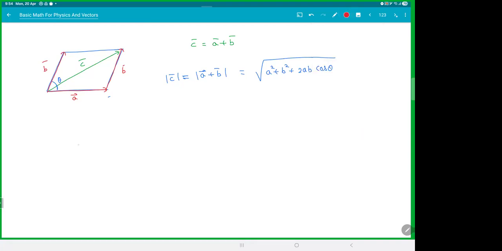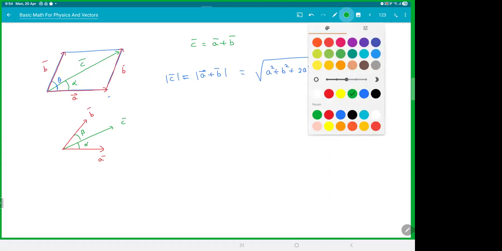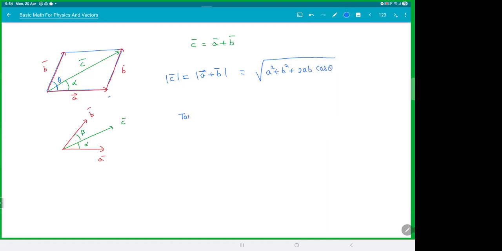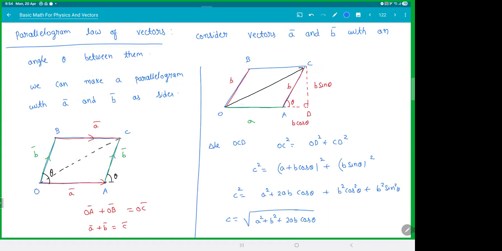Other than that, I can also do this: suppose this is A bar and this is B bar. This is what we got. This is your C bar. This angle is alpha, and if you take this angle as beta, we get tan alpha. Again, from the geometry, we can clearly see tan alpha is the opposite side, which is CD by OD, which is B sin theta over A plus B cos theta.